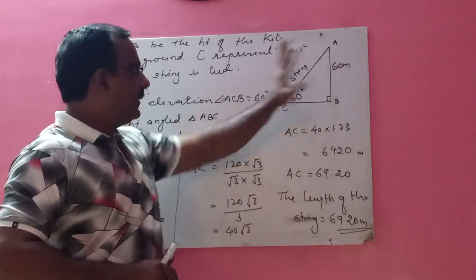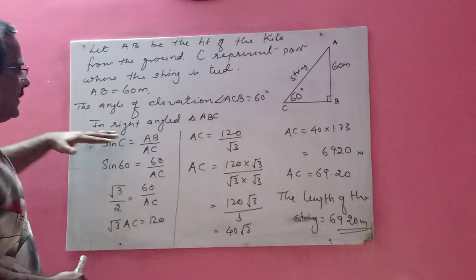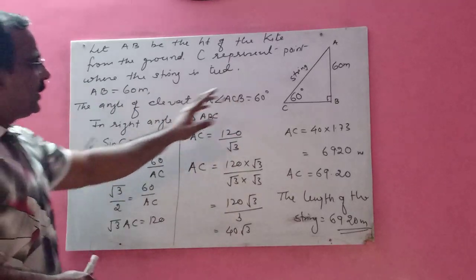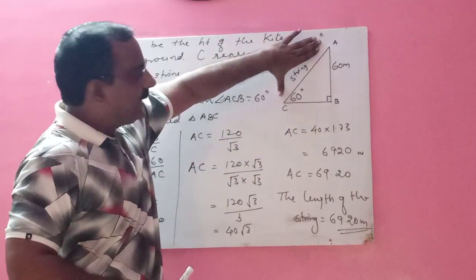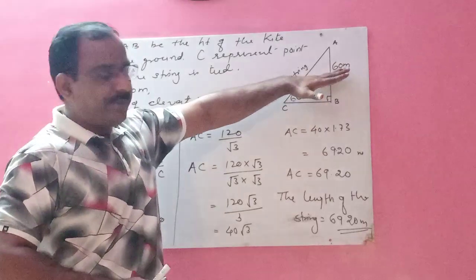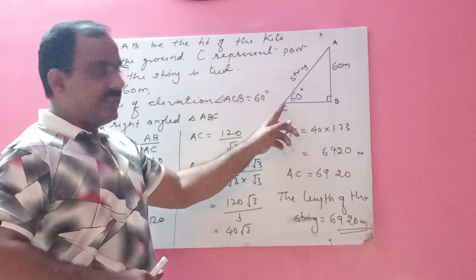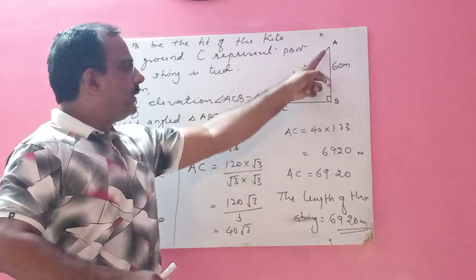So this is a diagram. Write this part, angle of elevation, you write down. This is a right angle triangle. Because we have this opposite side and we want to calculate the hypotenuse, 60 is given, opposite, so sine C, sine 60 if you are applying. So this is AB upon AC.